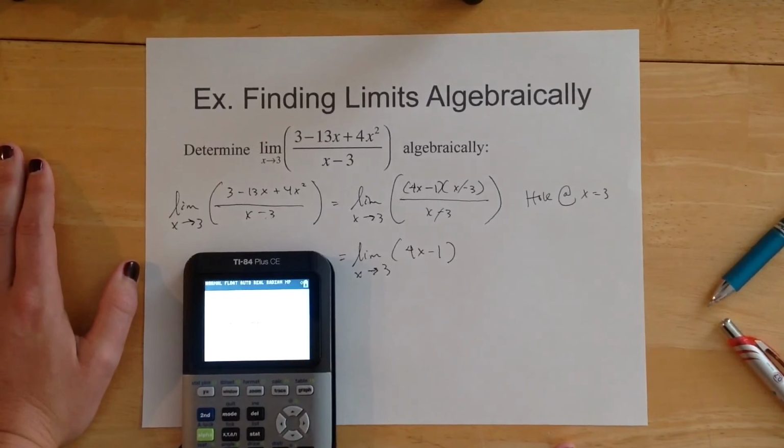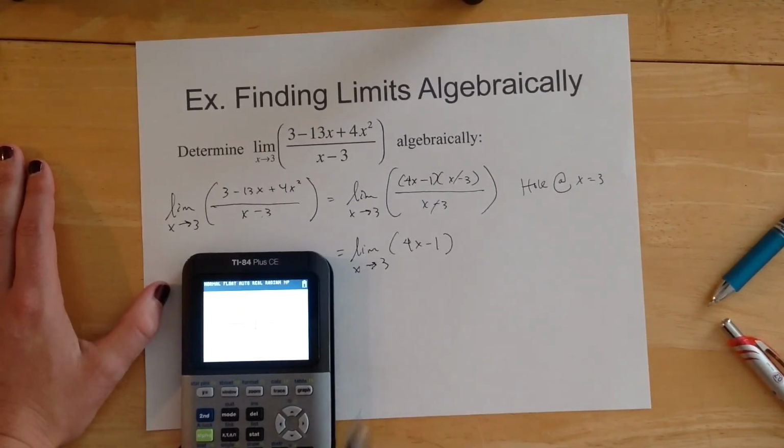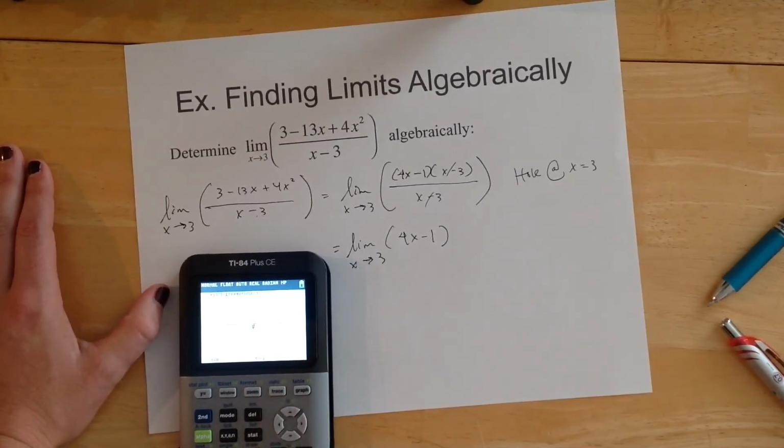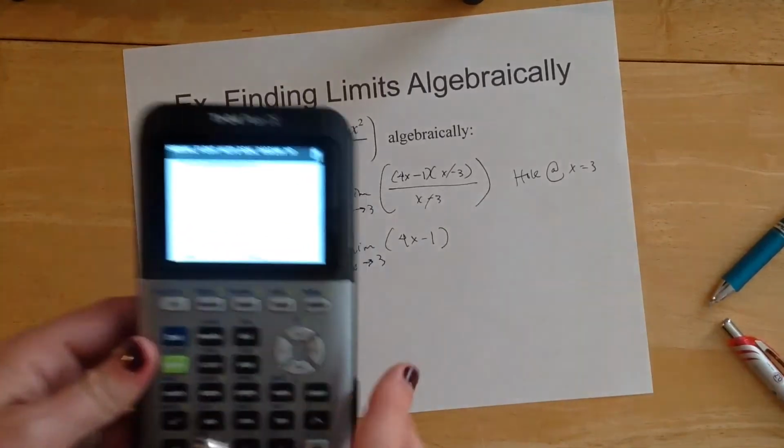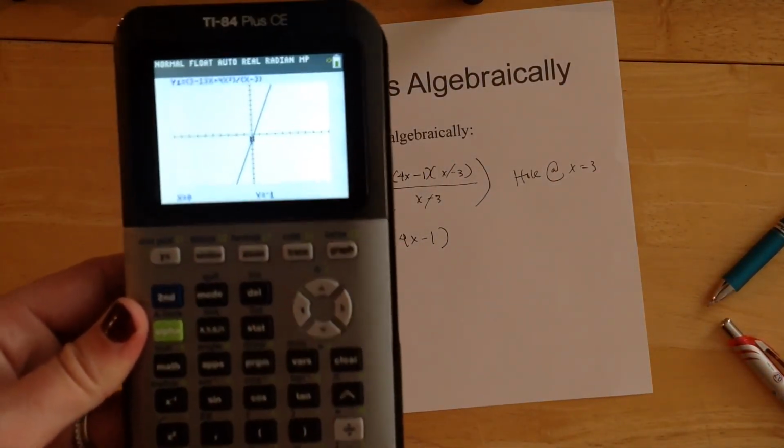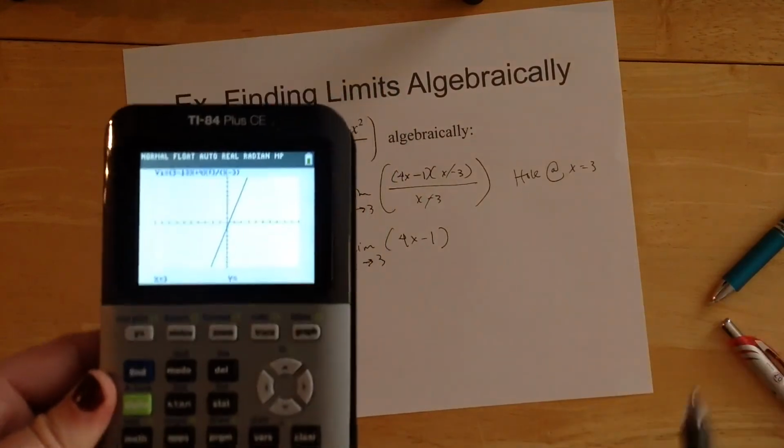Yeah, so we see the line 4x minus 1, and if we hit trace and we type in 3, I don't know if you guys can see that, we get y is undefined.